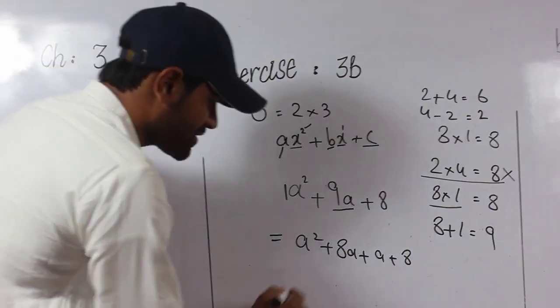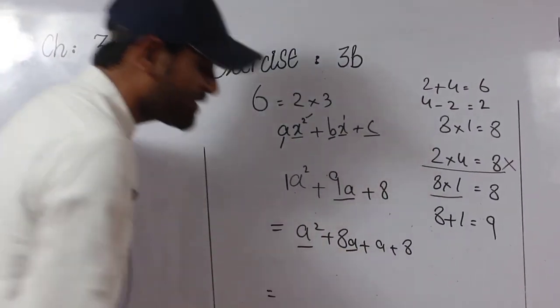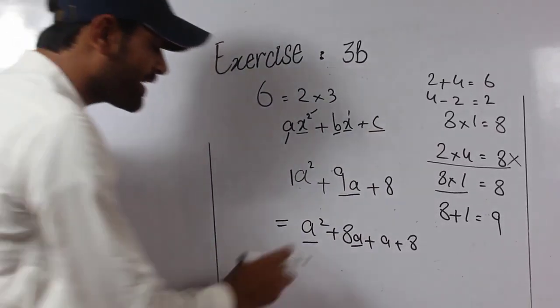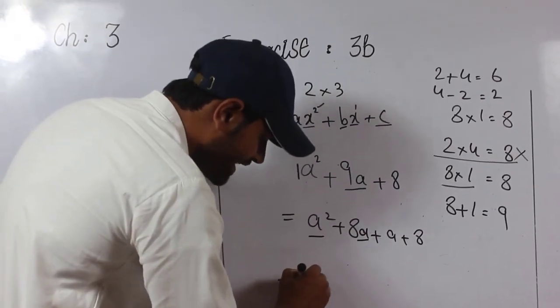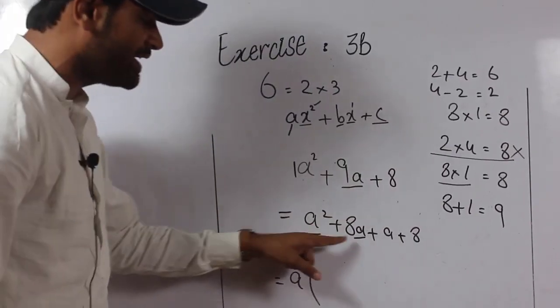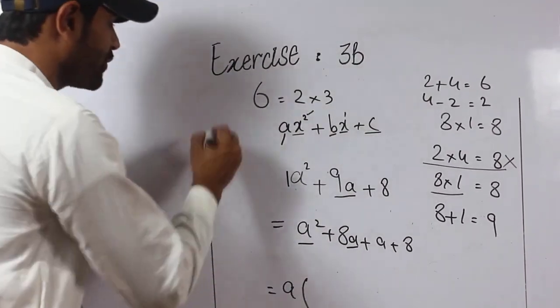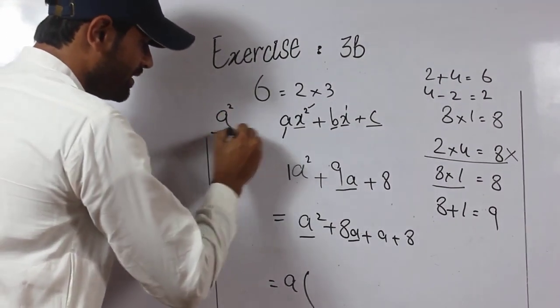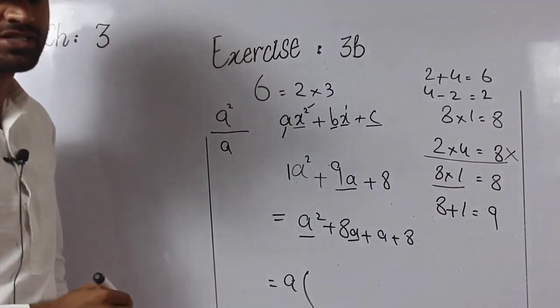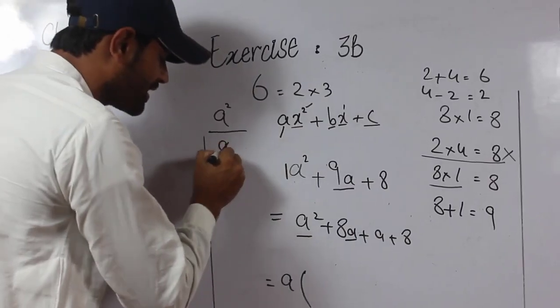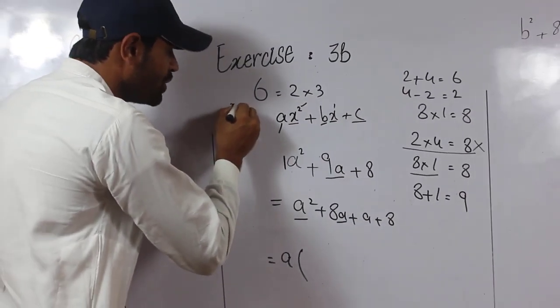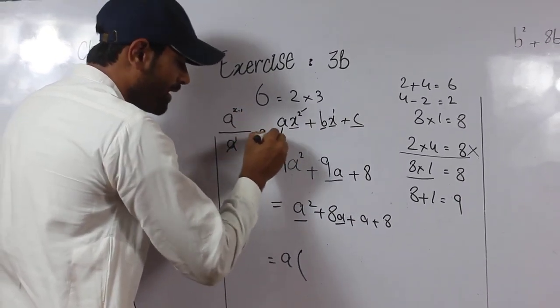Now I take common factors. I see which term is common in the first two terms. Here a is common. So I take a common, it means I divide these two terms by a. When we divide a square by a, the same variables, the powers are subtracted. The powers are 2 and 1, so 2 minus 1 leaves power 1.